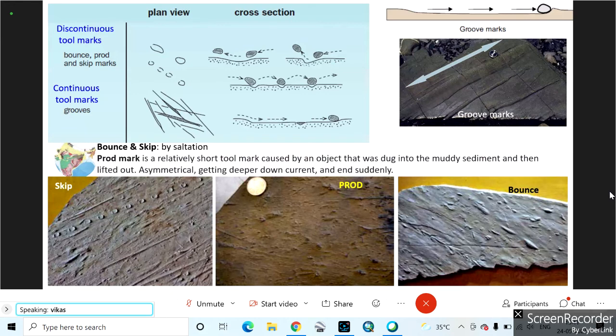However, you will know whether it is north or south or east or west, in whatever direction it is, along both sides. So even here, the same way we studied the flute marks, the same thing you can apply here to understand the way up direction also. Next, please.